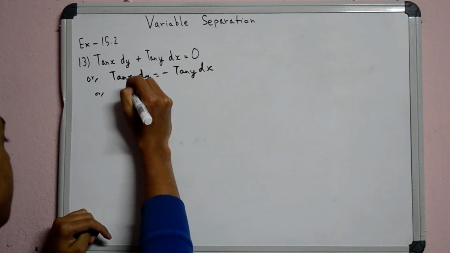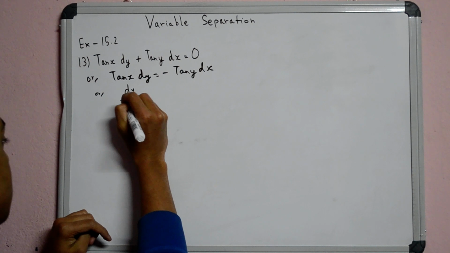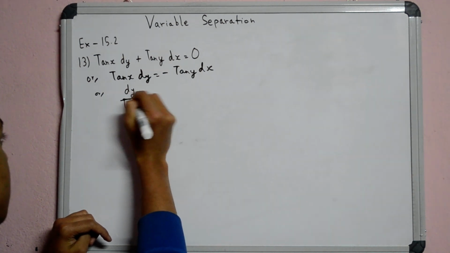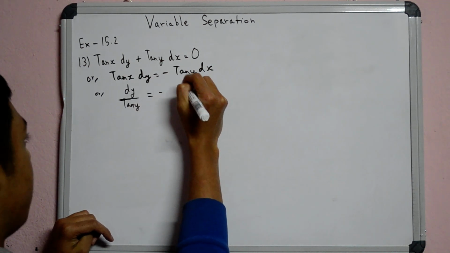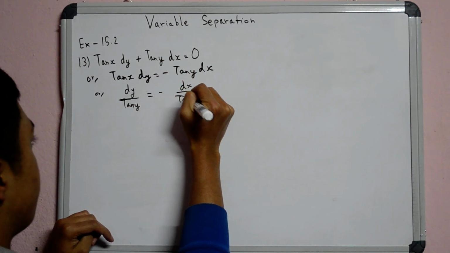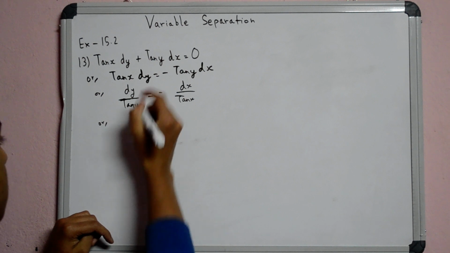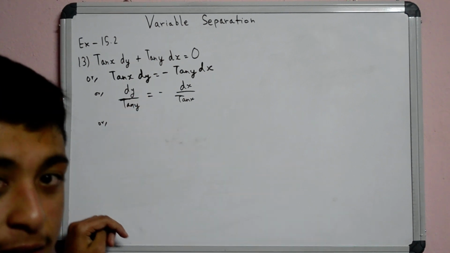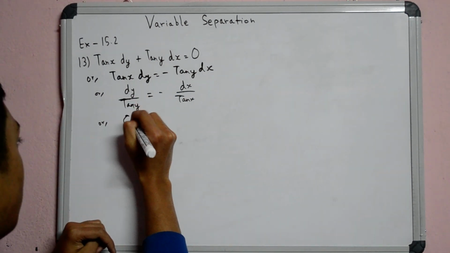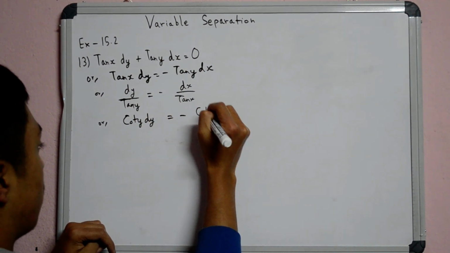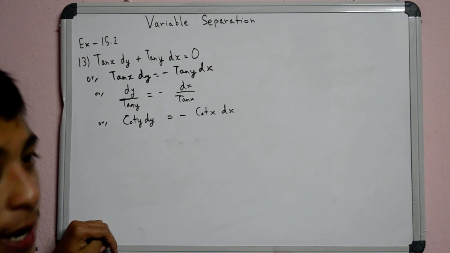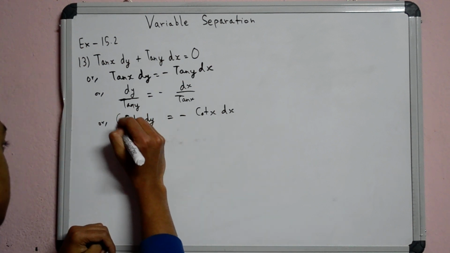So with dy we get tan y, and equals minus dx we get tan x, and this 1 by tan y is just cot, so this is cot y dy is equal to minus cot x dx, and now we can simply integrate both sides.